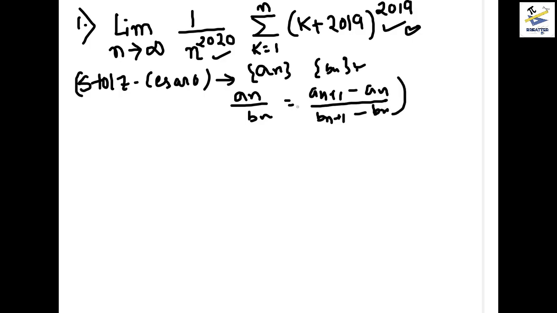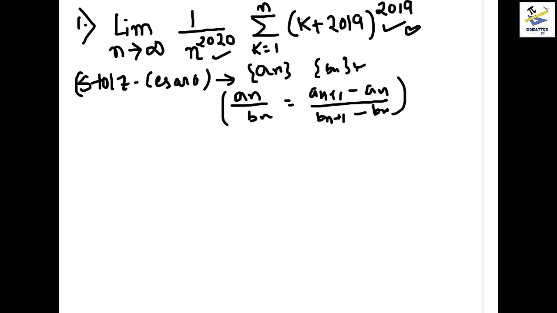This happens when bn is divergent and an is divergent, and bn is monotone. Both of the limits need to exist, and then only they can be equal. If one of them diverges, then there is no way that's going to exist.